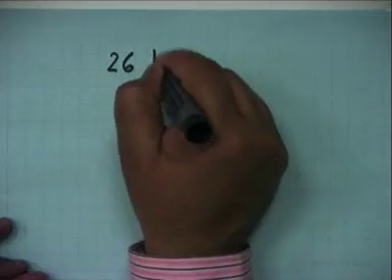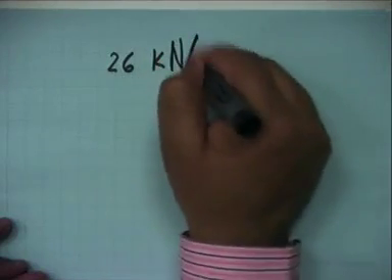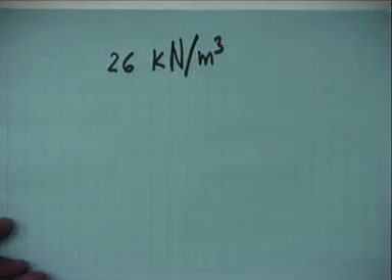To calculate that, you must find out the density of your concrete. If you have a high density concrete, naturally its weight is going to be more, right? For normal concrete, unless it is something very unusual, you can assume this to be 26 kilonewton per meter cube.